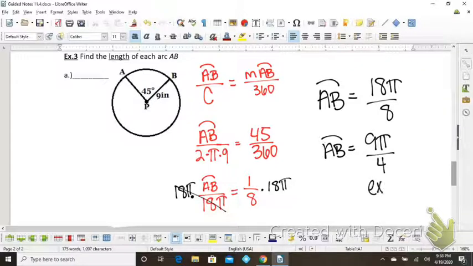And I'm fine with you leaving it as an exact answer. This would be considered exact if we were to multiply 9 times pi and then divide by 4. You could get an approximate answer, but I'm fine with that as long as we put our units on it. So 9 pi over 4 inches.